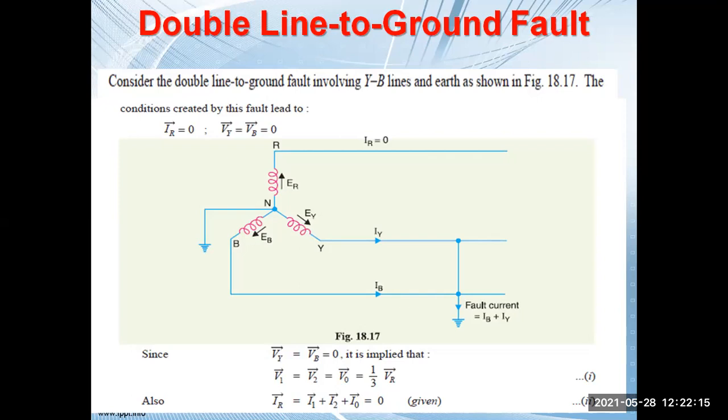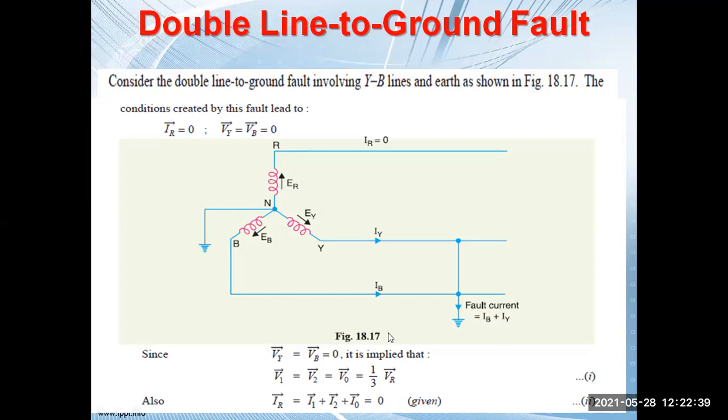Because VY equal to VB equal to 0, that means V1 equal to V2 equal to V0, equal to 1/3 VR.